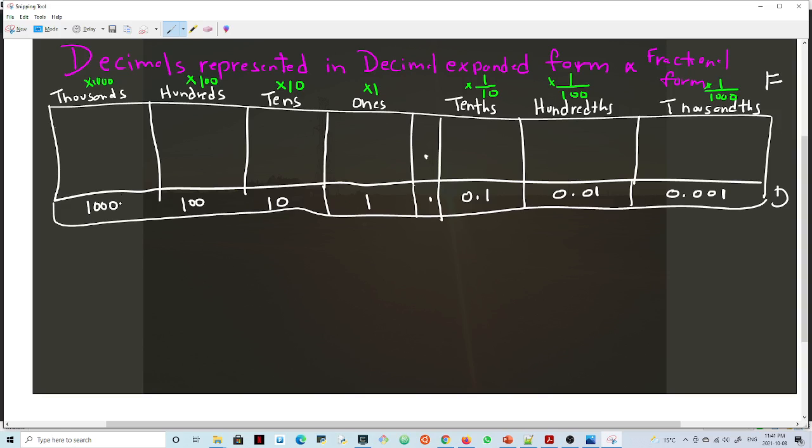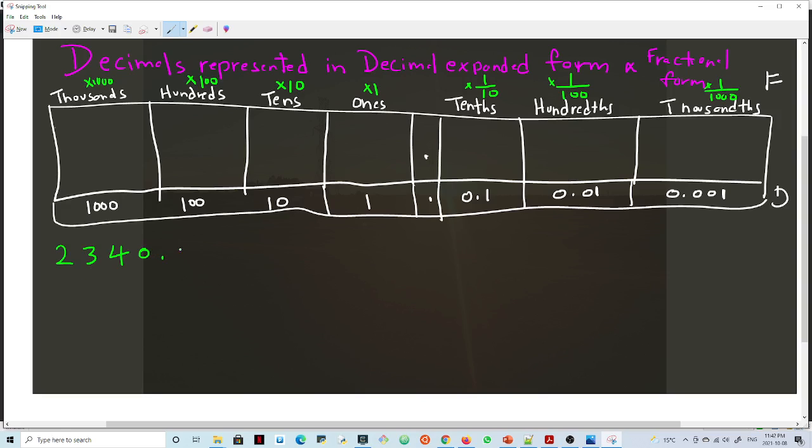So if you're given a number, in this case, if you're asked to represent this number, let's say 2,340, right?